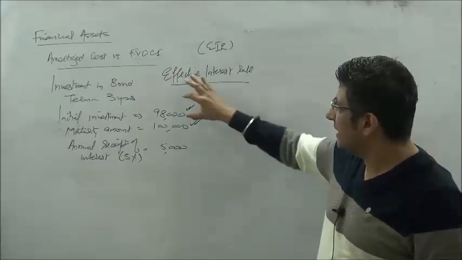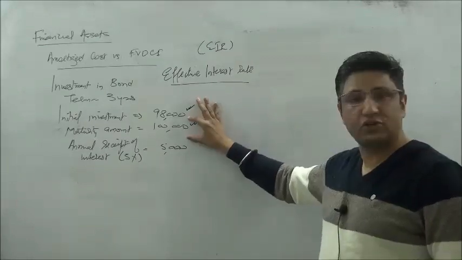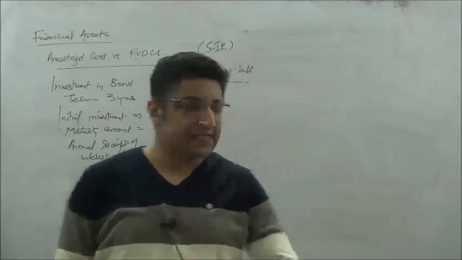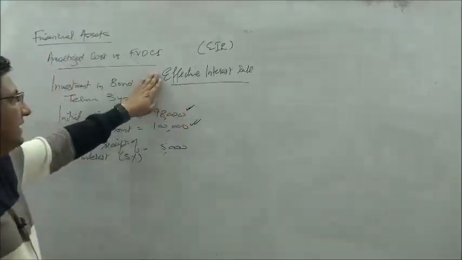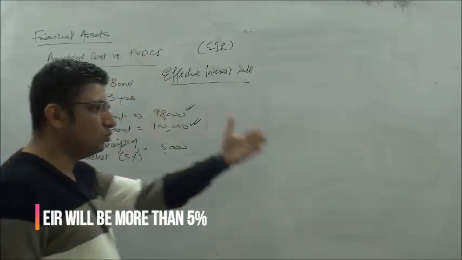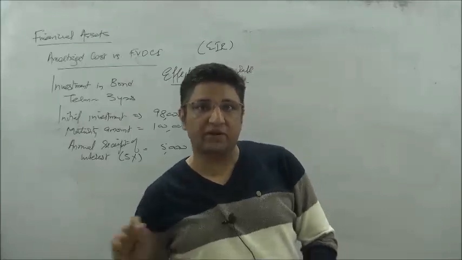Right? So effectively my investment is 98 on which I'm getting 5 each year, and then there is a maturity amount. So what we are trying to say is that we first need to calculate the effective interest rate here. Now of course, using tools, using Excel, it's quite straightforward. It's a click of a button and you get the answer.